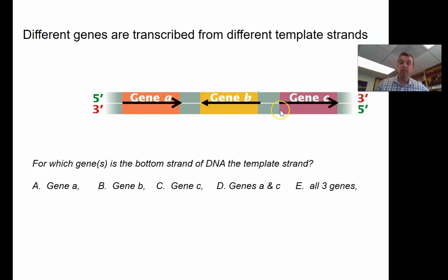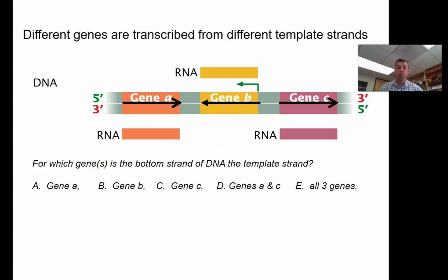The strand that is 3' to 5' left to right is the bottom strand, therefore it's the template. For gene B, it's being made right to left, and the strand that is 3' to 5' from right to left is the top strand. So the top strand would be the template strand for gene B. So the answer to this one, for where the bottom strand is the template, would be genes A and C.